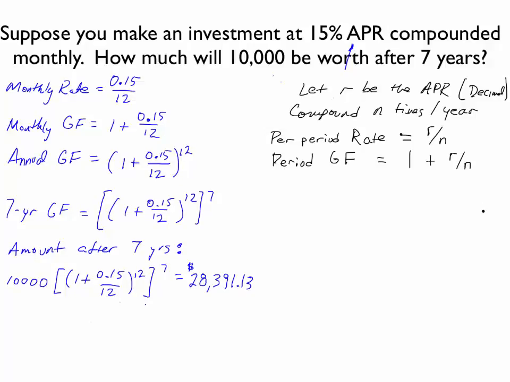And now I want the annual growth factor. So we're compounding n times in a year. So we'll take the per period growth factor and multiply together n times. If we're doing it n times in a year, we'll multiply that period growth factor together n times to get the annual growth factor.